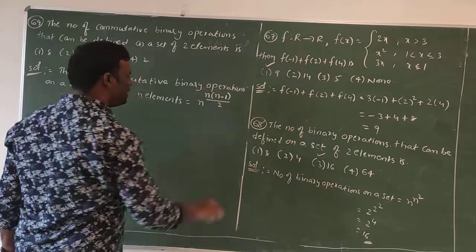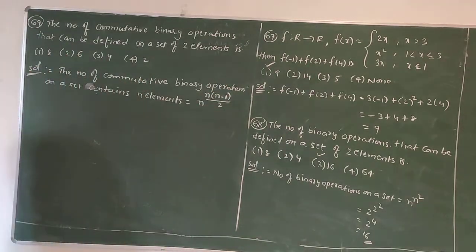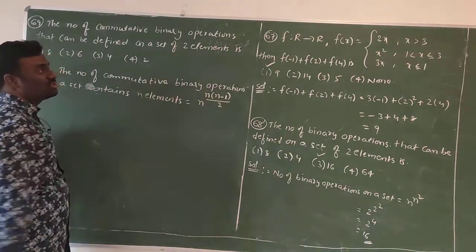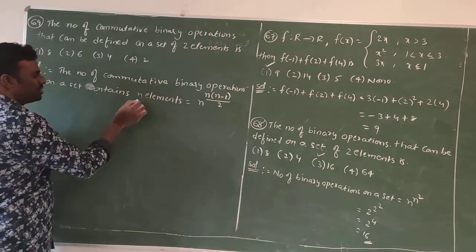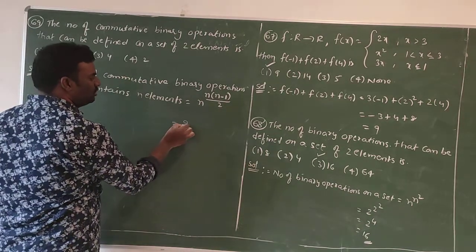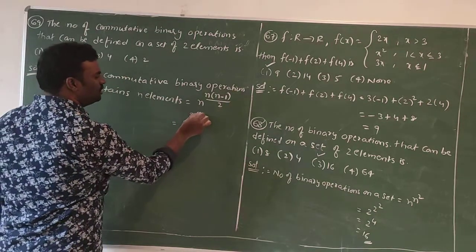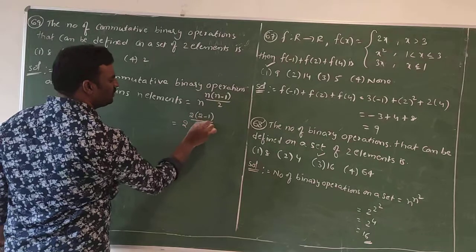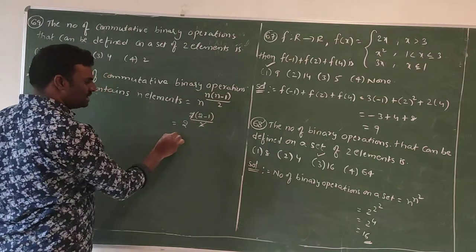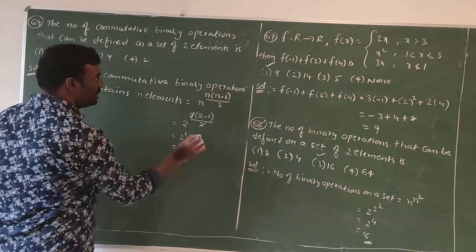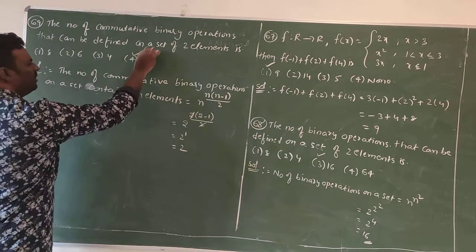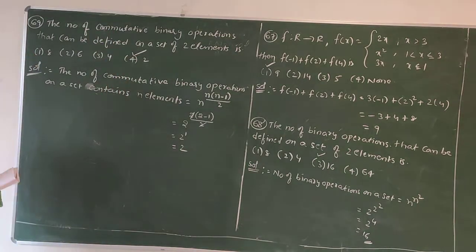This is the formula for the number of commutative binary operations. But in this question the set contains 2 elements, so n equals 2, you can substitute 2 power 2 into (2 plus 1) by 2. Now 2 gets cancelled, that is 2 power 1. So the answer is 2. That is nothing but the fourth option is the correct answer.